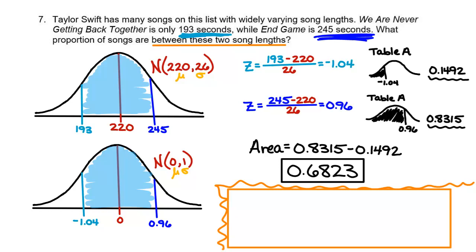All right, so lower boundary. Let's go back and look at our picture. What's the farthest to the left that we have things shaded? What's the lower boundary here? 193, if I'm looking at my original data. What's the upper boundary? 245. So 193 and 245.